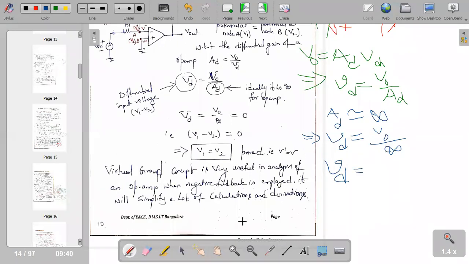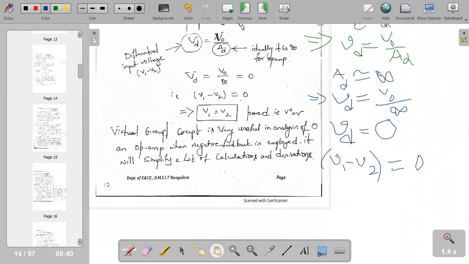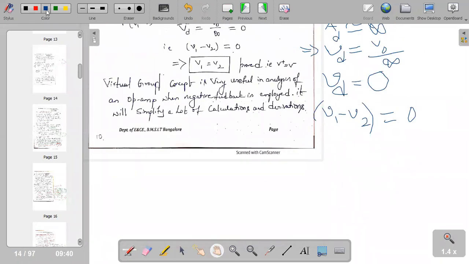Something divided by infinity, you can write it is 0. What is VD here? VD is the difference in input voltages, that is V1 minus V2. V1 minus V2 is equal to 0. So we can write V1 is equal to V2.